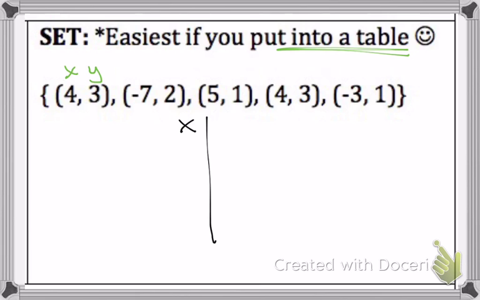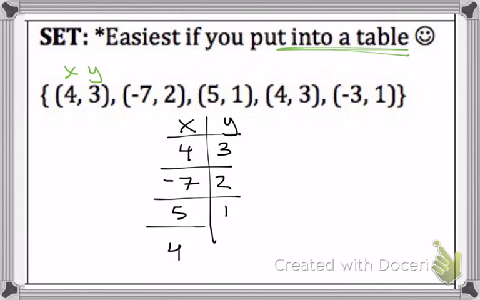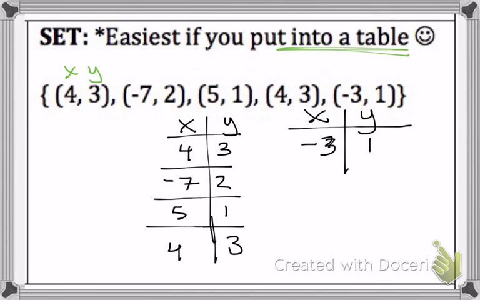So we have X and Y, and we have 4, 3, -7, 2, 5, 1, 4, 3, and -3, 1. I'm just looking really for any repeats.